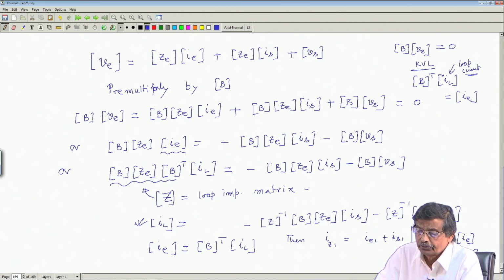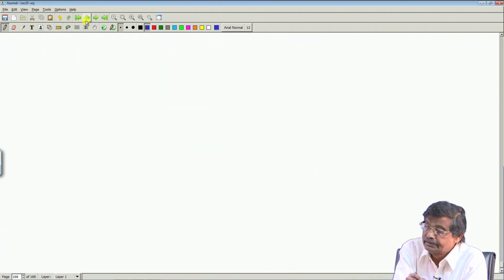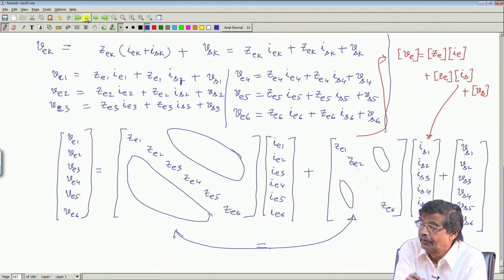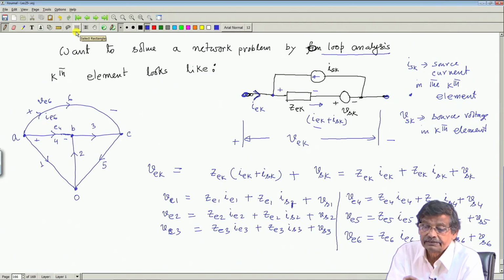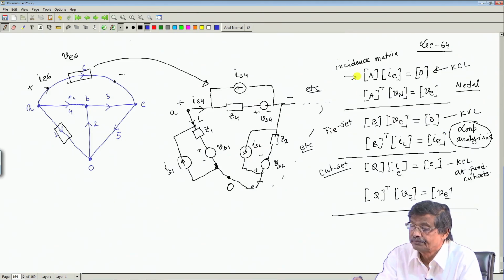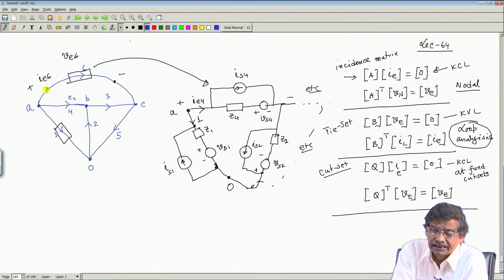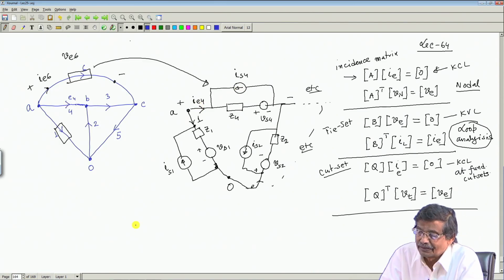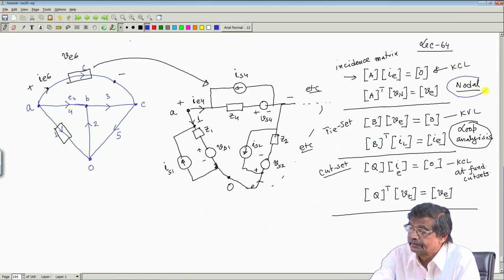But today, to summarize this lecture, these are the basic relationships that we got: A I is 0, but this I is the actual current here, not this part of the current. So, if you want to adopt loop analysis, then B will be involved, that is what we have done. Next time we will solve by applying the nodal method. Thank you.